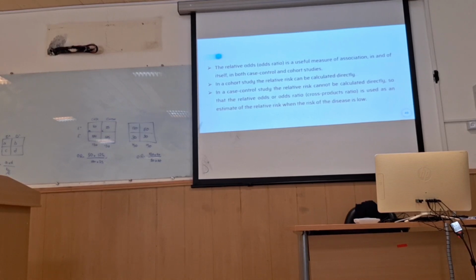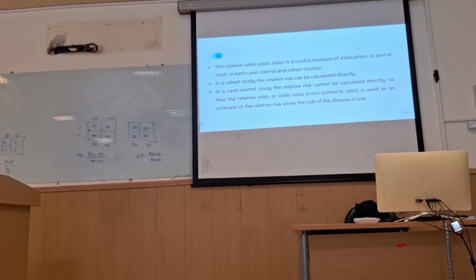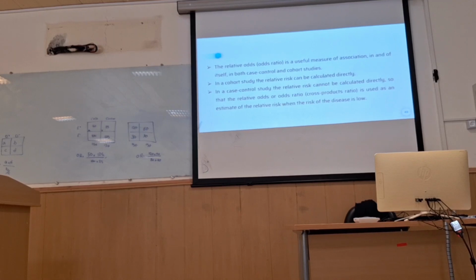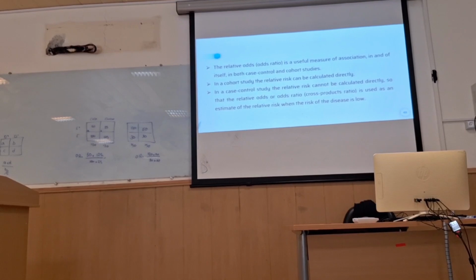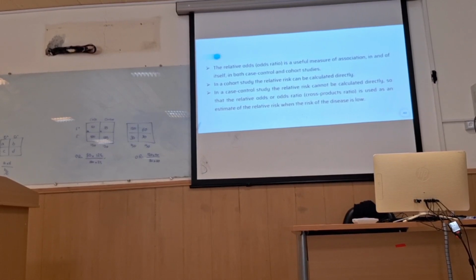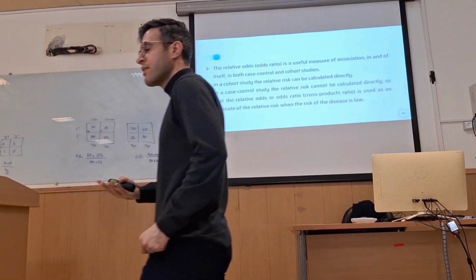Please read this slide and give me a summary. It's very important. It's so important for you. Relative odds or odds ratio is a useful measure of association in both case control and cohort study. But in cohort study, the primary measure is relative risk.